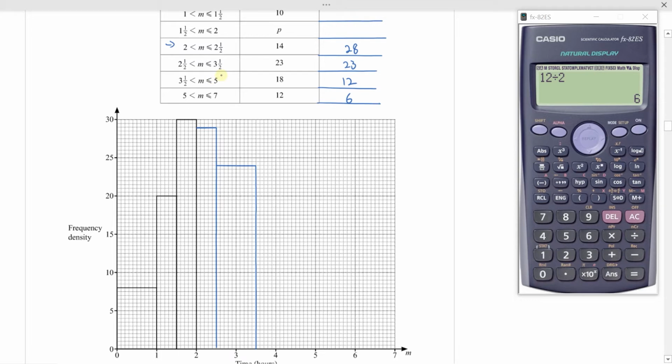The next one is 3.5 to 5, with frequency density 12, going up till 5. The last one, 5 to 7, has frequency density 6, so 6 will be this one here. So that's how you will complete your histogram.